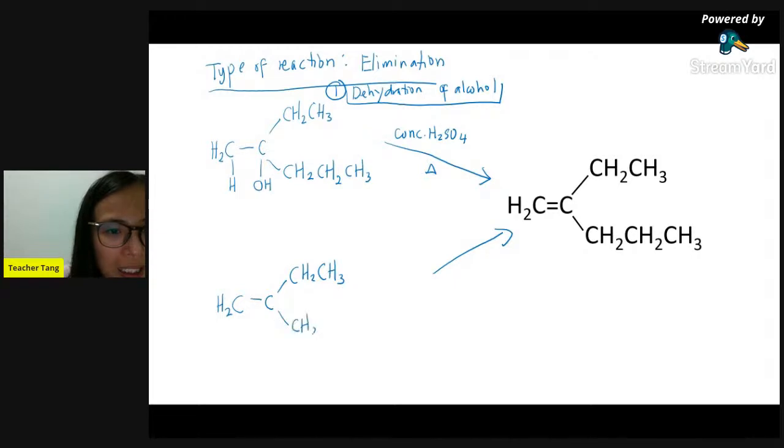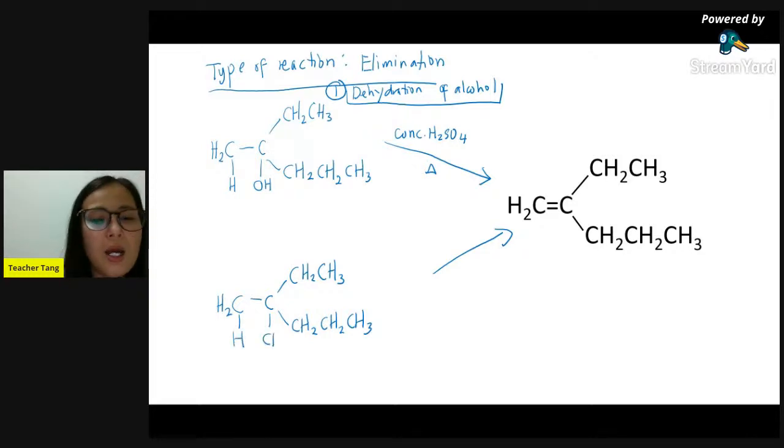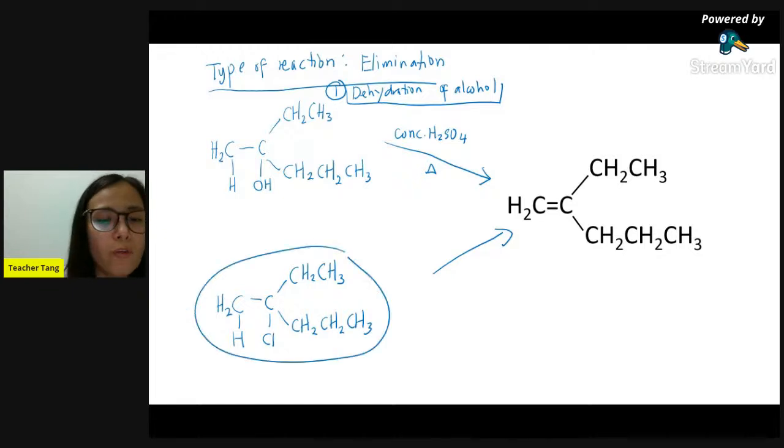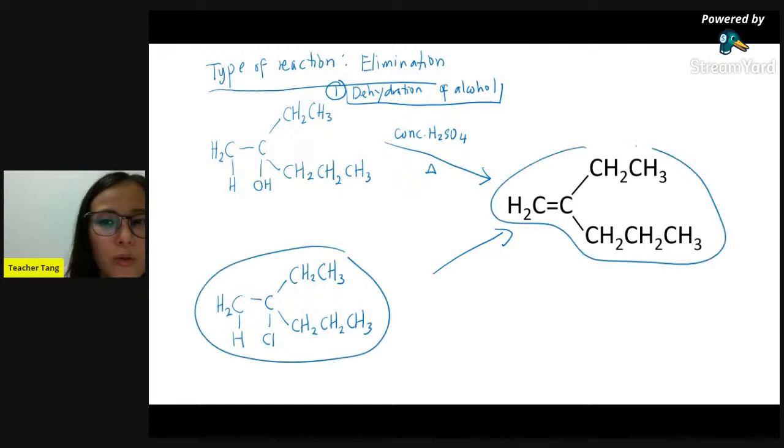To draw back the haloalkane or alkyl halide, we just need to add in the hydrogen and also the halogen. Remember, your haloalkane is saturated, so all are single bonds. You can put in your H or Cl at either side, doesn't matter.